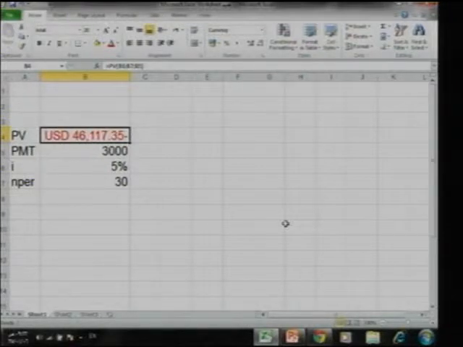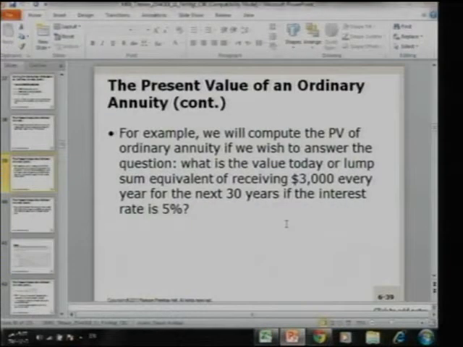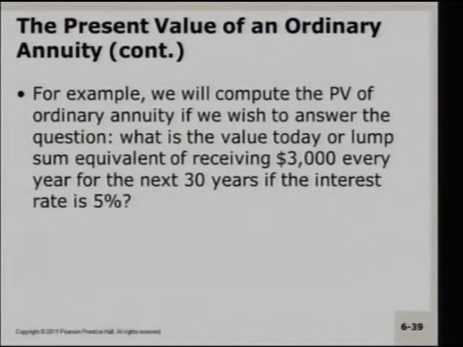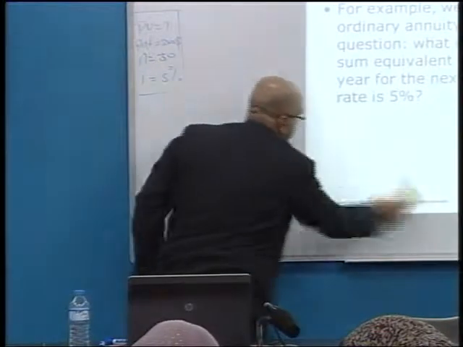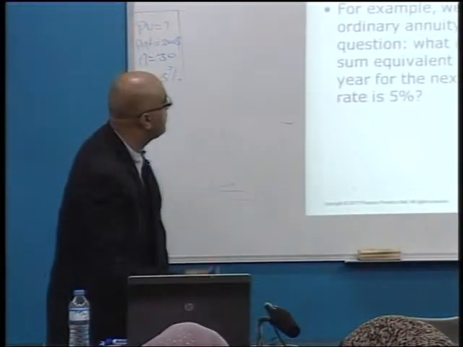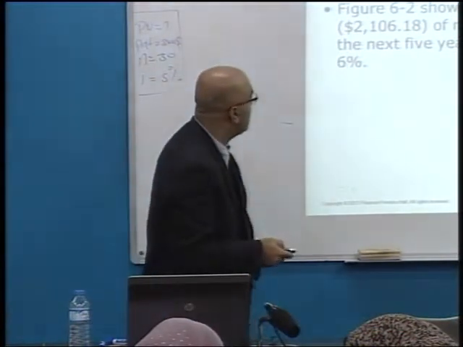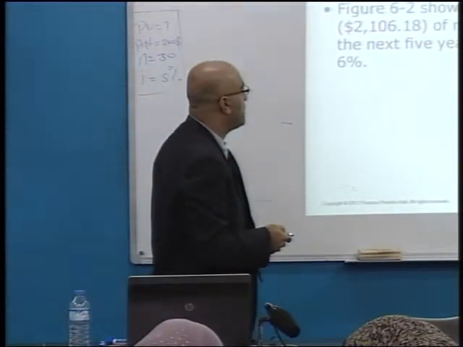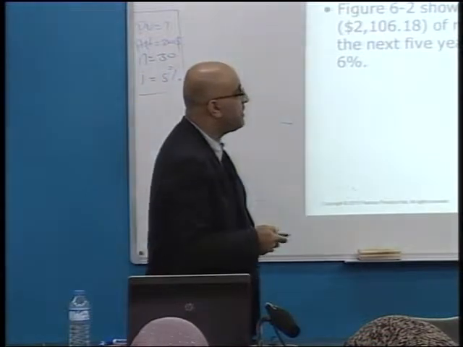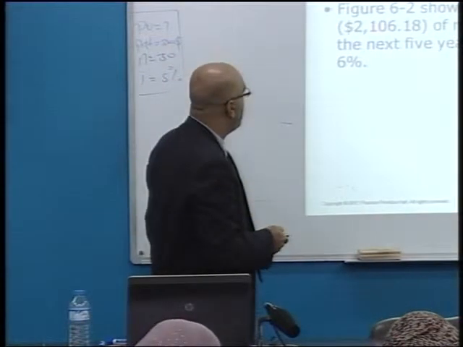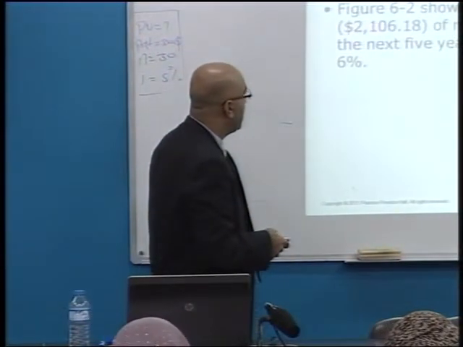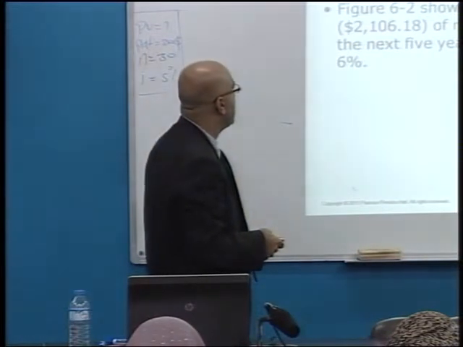Okay, let's go to figure 6.2. It shows the lump sum equivalent of receiving $500 per year for the next 5 years at an interest rate of 6%.